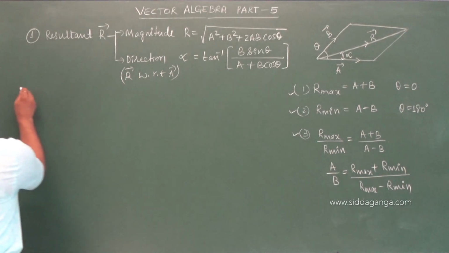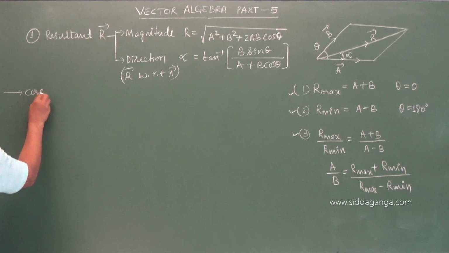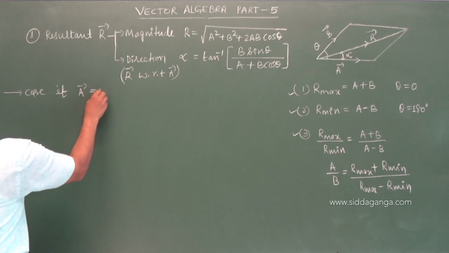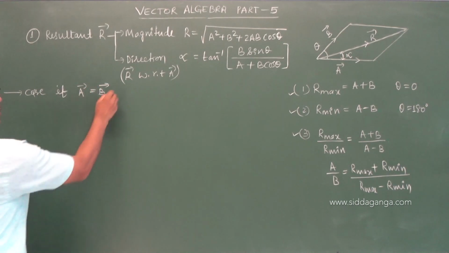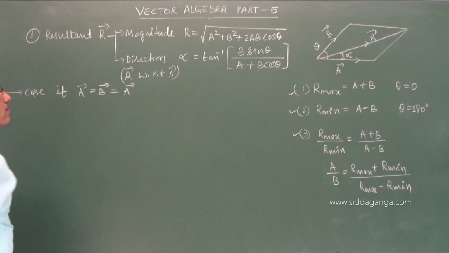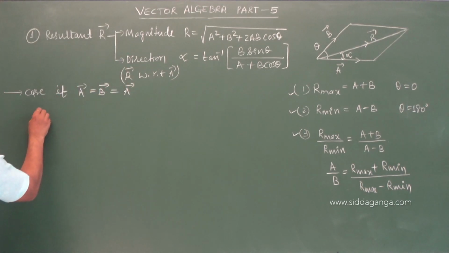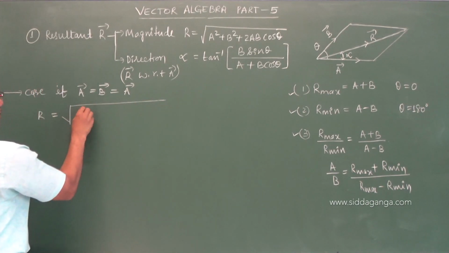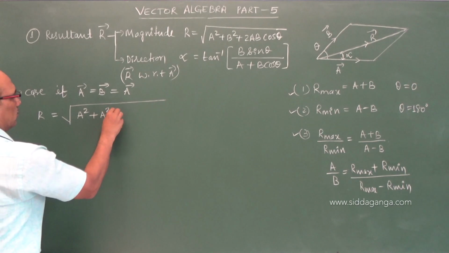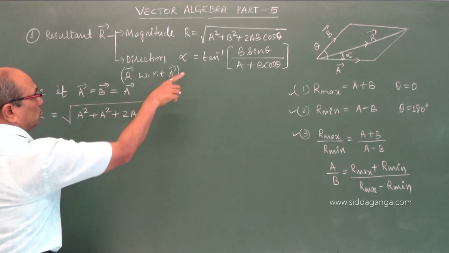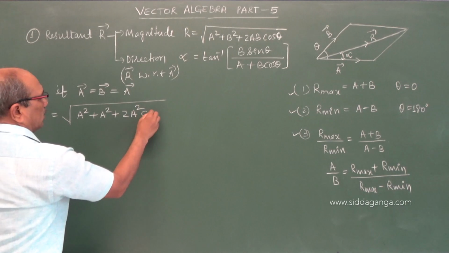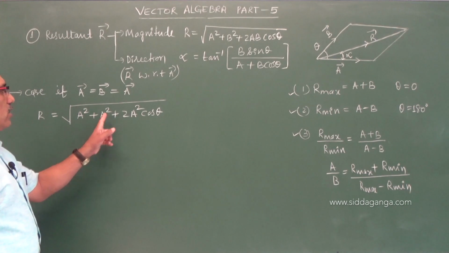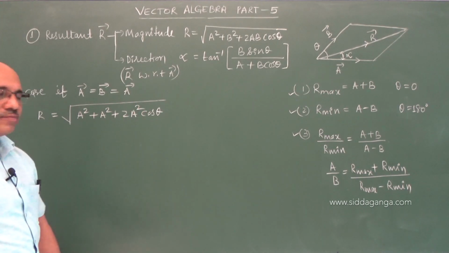And further, I take the special case: if vector A equals vector B, both equal to A, then what happens to the resultant? If you see here, root of A square plus A into A, which is A square, plus 2A square cos theta.